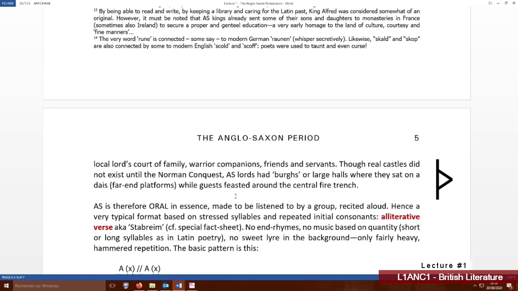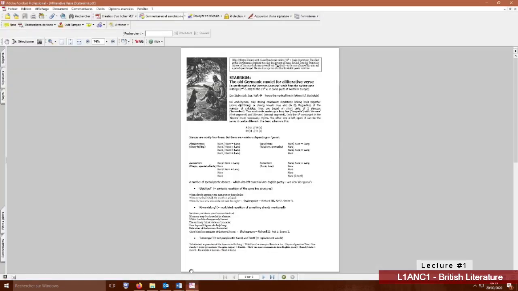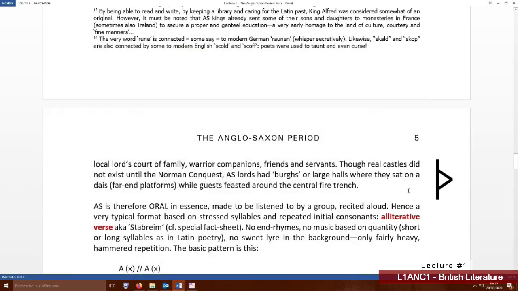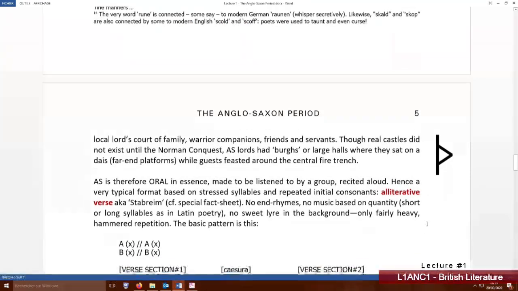This is why the Anglo-Saxons used a specific verse pattern based on the repetition of initial consonants. This is known as the alliterative verse or Stabreim. I'm sending you a special fact sheet on the subject. This is a PDF file you'll get. You've got all the details there. But I must mention a number of elements right now.